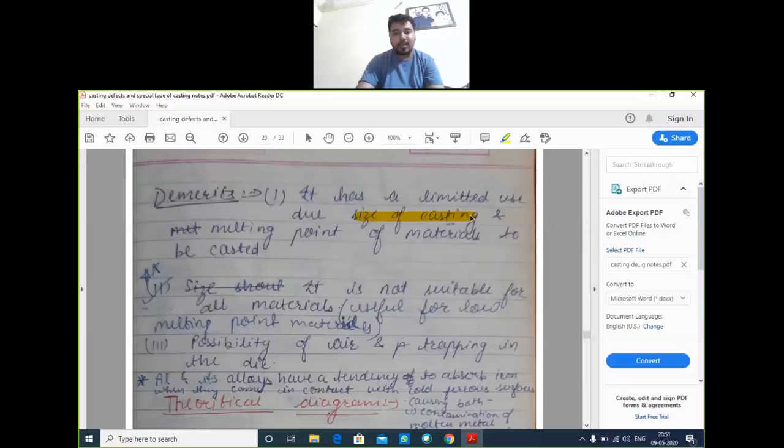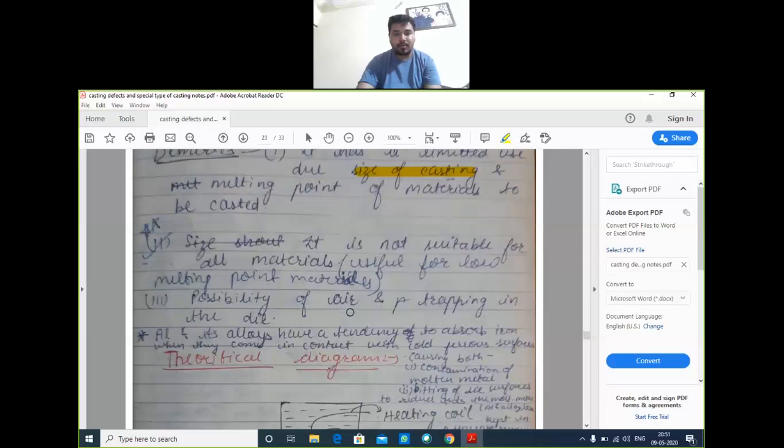If the size of the casting is bigger, we cannot use the permanent die casting process. And the melting point of the material to be cast should be low. It is not suitable for all materials, only for low melting point materials.